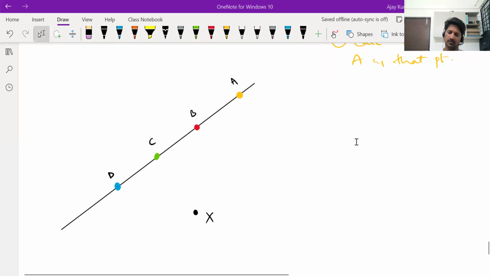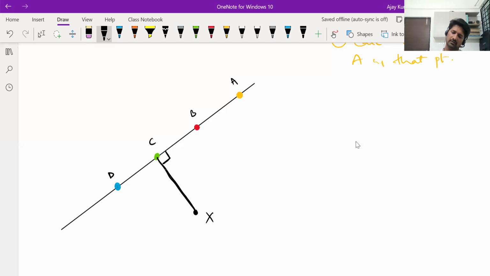Okay. Let us join X and C. C will be the nearest point to X on that straight line if this angle is 90 degrees.